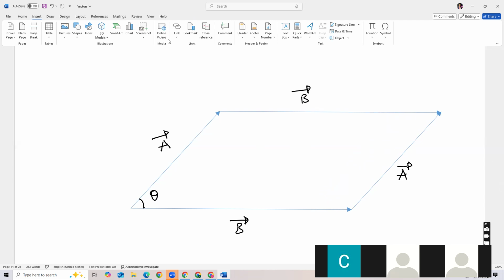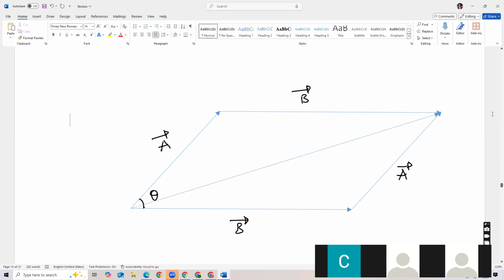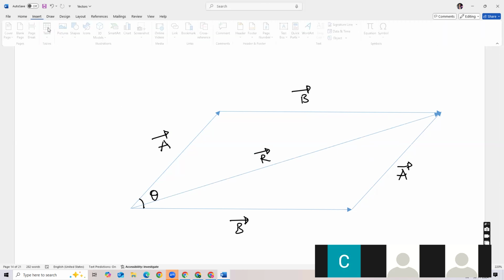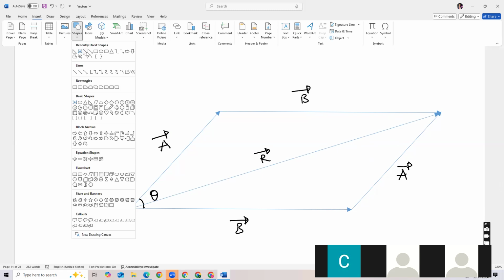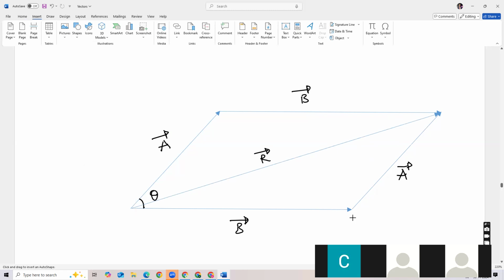So from the parallelogram law, we have learned that this main diagonal is basically the resultant of A and B. So let's draw some geometry. We will again use trigonometry.